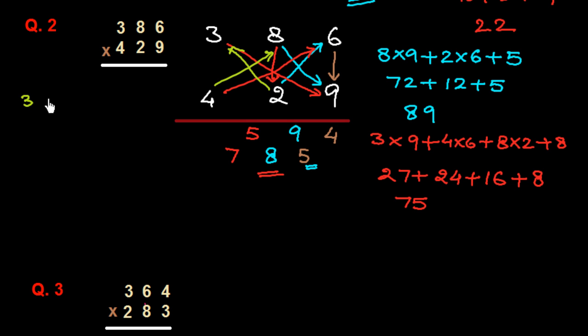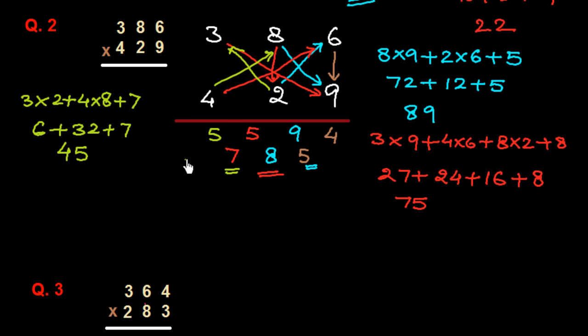So 3 into 2 plus 4 into 8, and this carried number we have to add here. 3 2 times 6, 4 8 times 32 plus 7, 38 plus 7, 45 we have here. So we have to write down here 5 and 4 carried.